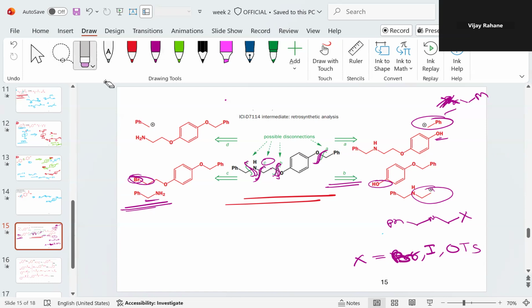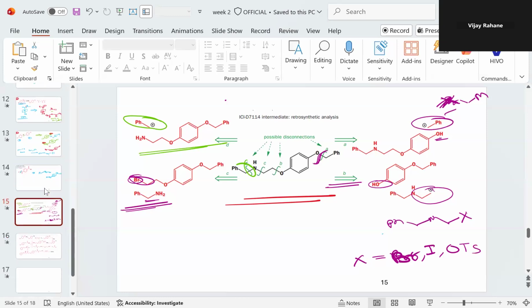Upon disconnection on D, I'll just remove the other, so we can get this PhCH2 cation followed by this entire part. So for one simple molecule, there are several possible disconnections available, and it depends upon. Okay, we'll move ahead now.